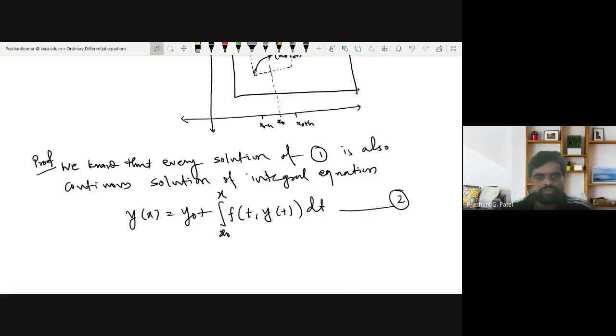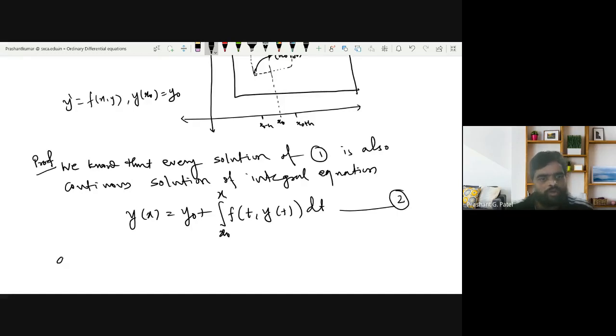which we can achieve from the equation y dash is equal to f of x, y with the condition y of x0 is equal to y0 by the fundamental theorem of calculus. That is, integration and differentiation are reverse processes. If you take the integration on both sides, we will achieve this. And conversely, if y of x is a solution of this one, this will give you a solution of that.